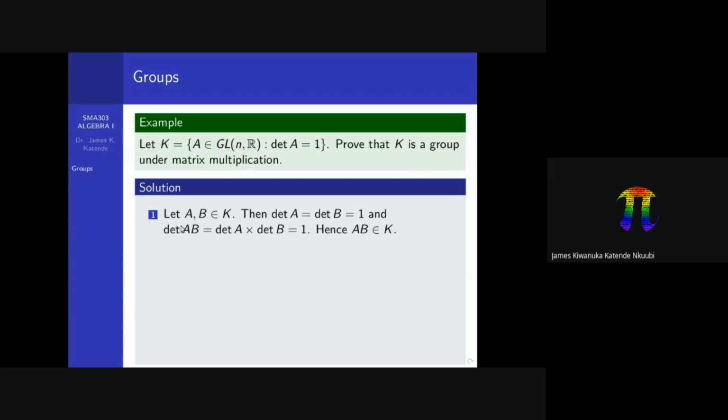So we have shown that the determinant of the product of A and B is also 1. So if I multiply two matrices in K, I will still get another matrix in K because the product still satisfies the required property. It has determinant 1.